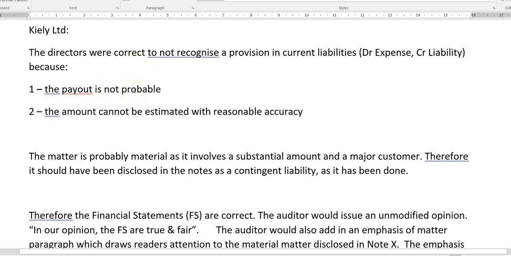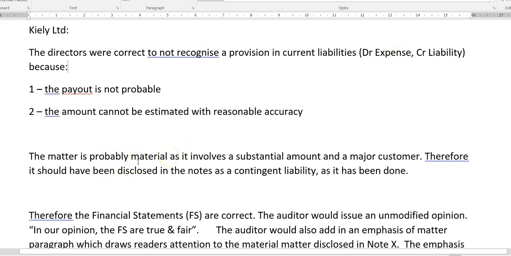It should be recognized if it's probable, and also it needs to be able to be estimated with reasonable accuracy. So on 2 counts they weren't able to do that. So therefore, no provision, no liability or expense recorded in the accounts.